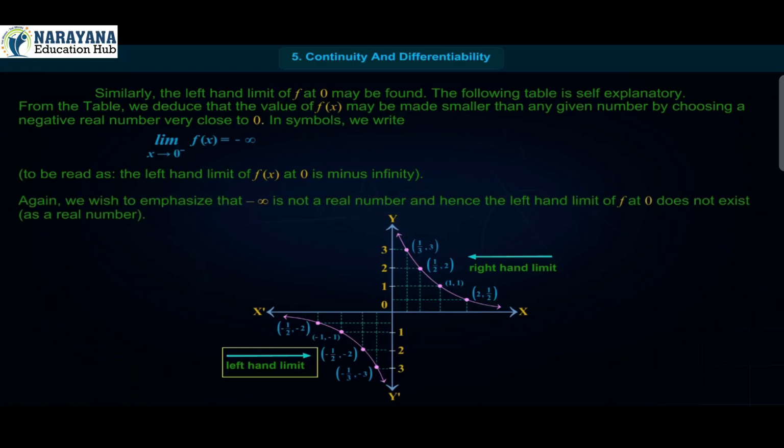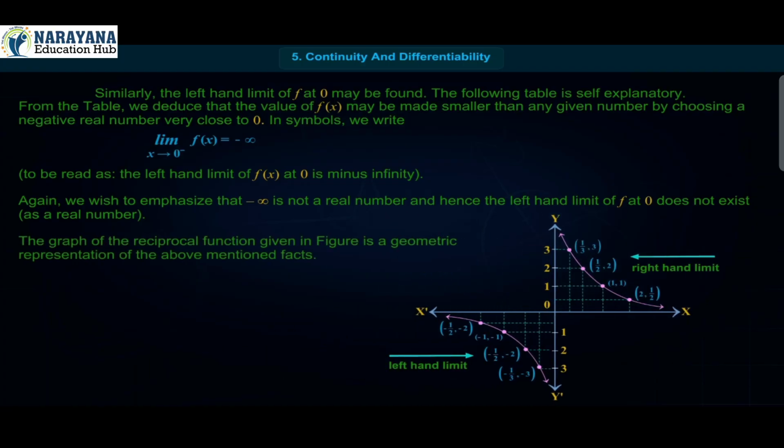Again, we wish to emphasize that minus infinity is not a real number and hence the left-hand limit of f at 0 does not exist as a real number. The graph of the reciprocal function given in figure is a geometric representation of the above mentioned facts.